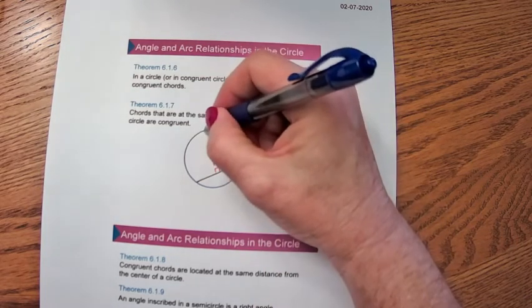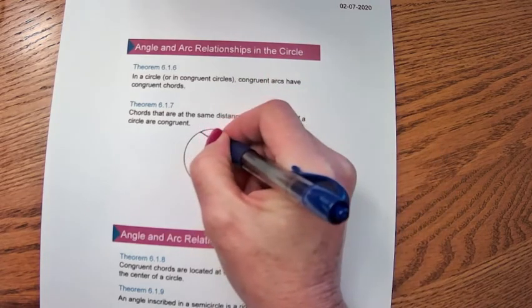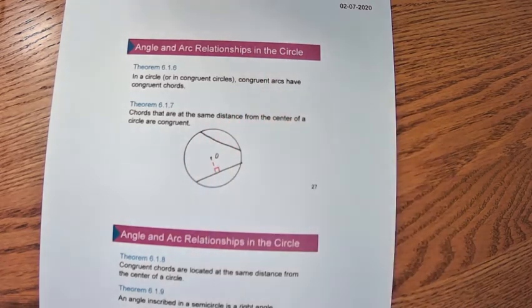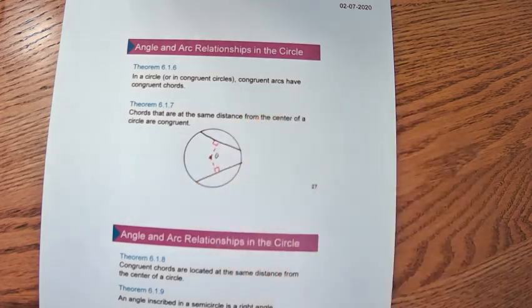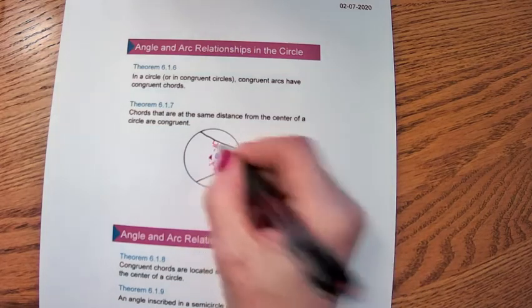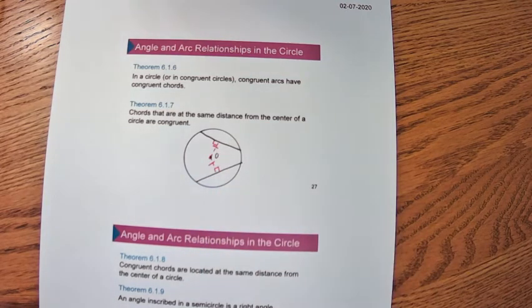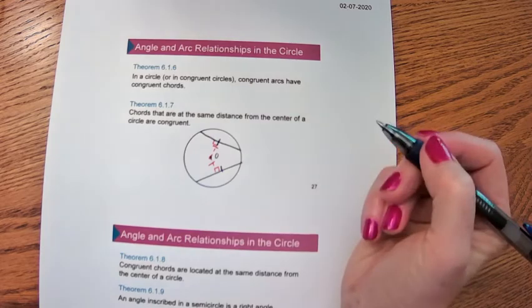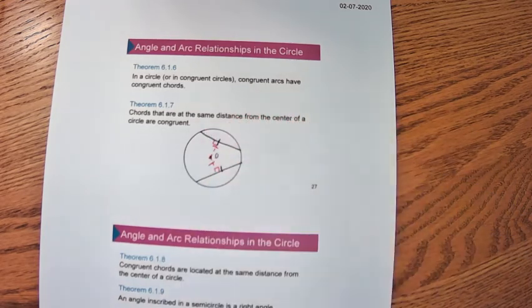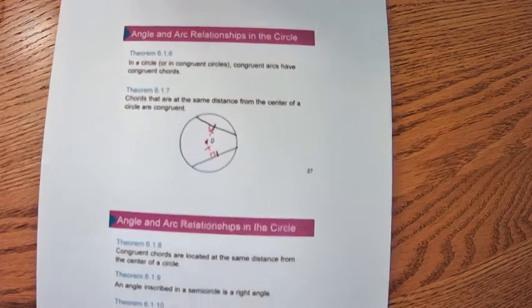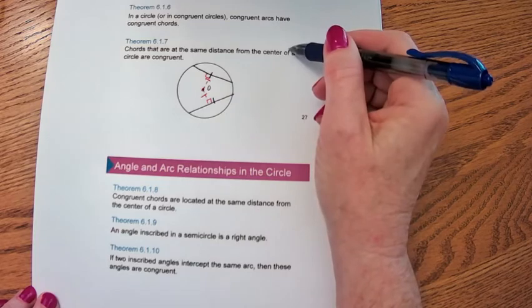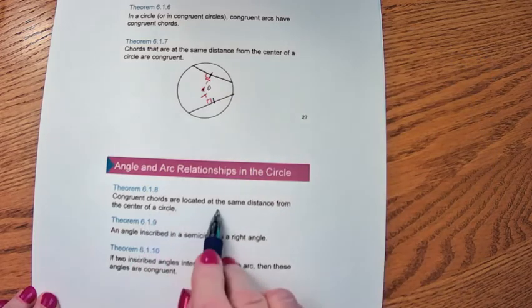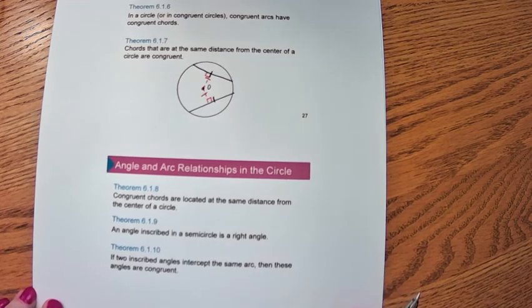So if I have these two chords, and they are both the same distance from the center, so this distance equals this distance. Chords that are the same distance from the center, that must mean this chord is congruent with that chord, which would mean this arc is congruent with that arc. So if they have the same distance, the chords are congruent. If the chords are congruent, then they must be the same distance.